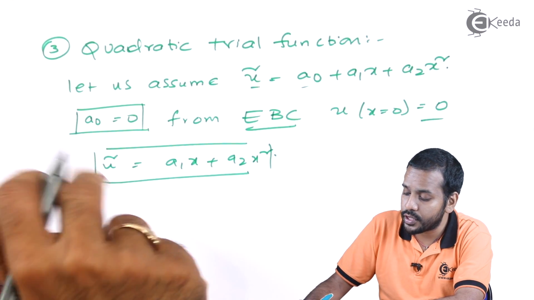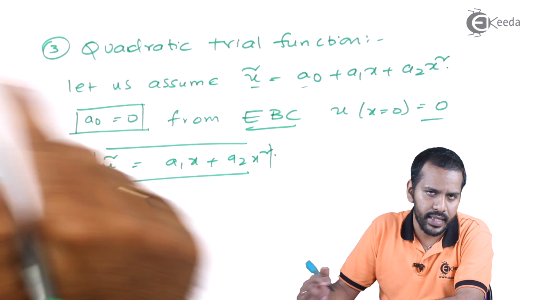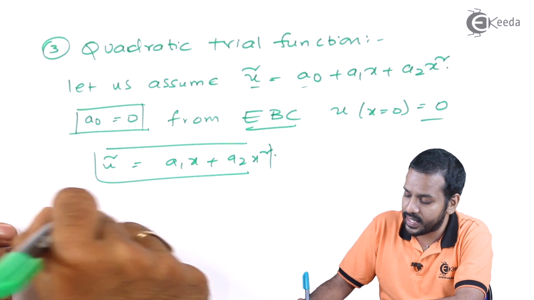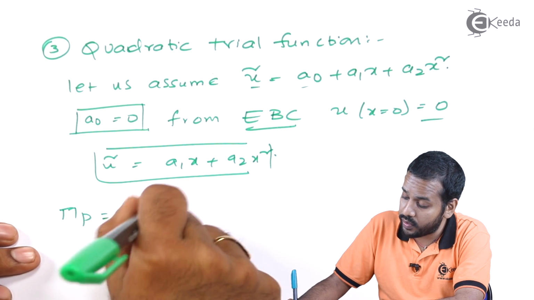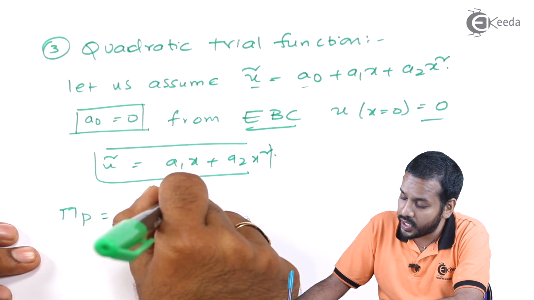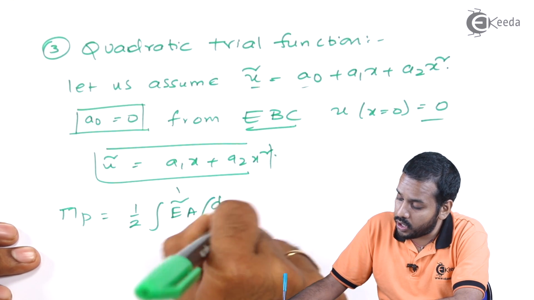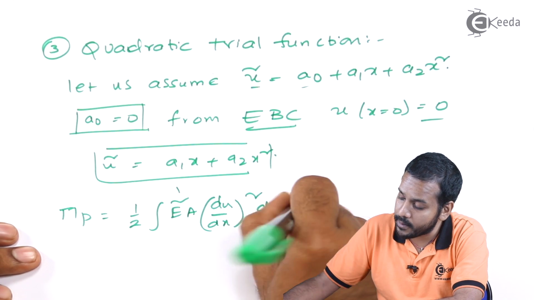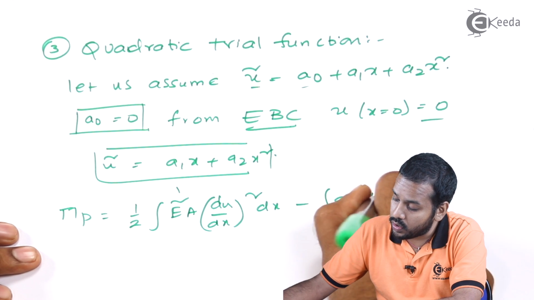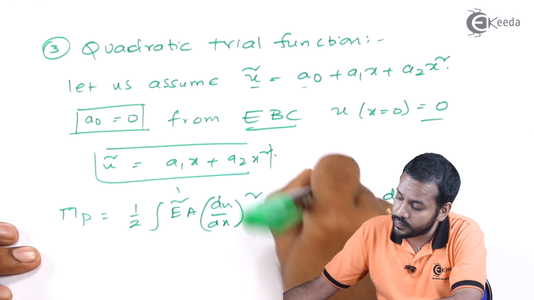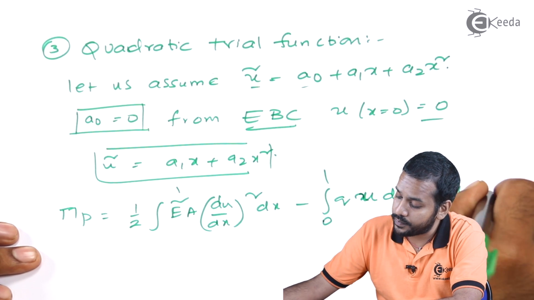Now what you have to do, you have to substitute this trial function in the potential, again what I did for the linear case. So do the same exercise, that is, our potential is nothing but 1 by 2 integral EA, if you assume this as unity, EA du by dx whole square into dx minus integral q u dx from 0 to 1 minus P times U1.